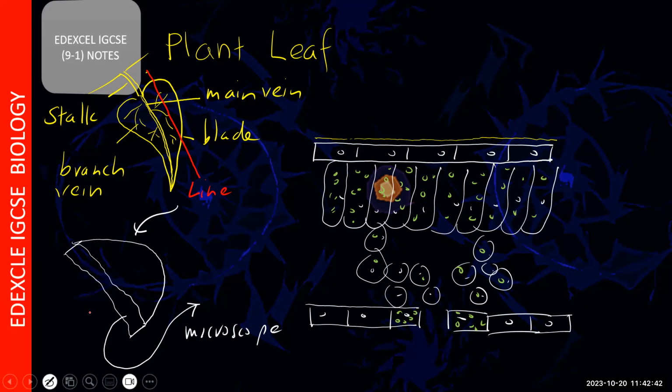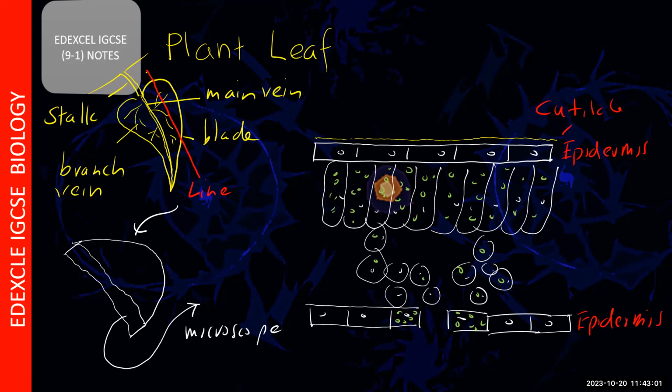Right, so let's name it now. The first one is a cuticle. And these cells are called epidermis cells, and these cells are also called epidermis. The difference is we just use upper for the top layer and lower for the bottom layer.